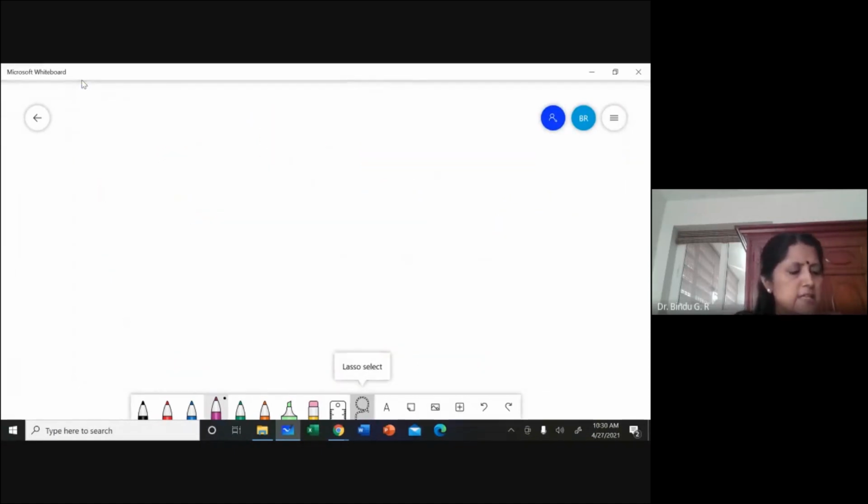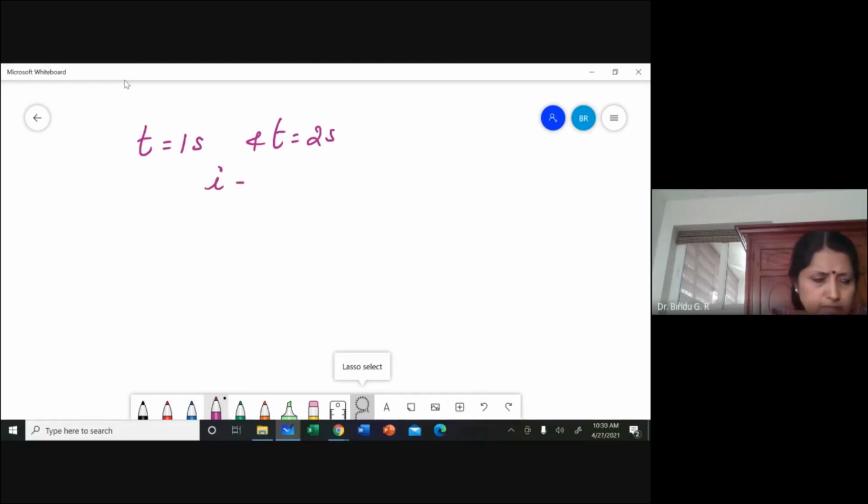Second question: determine the total charge entering a terminal between t equal to 1 second and t equal to 2 seconds, if the current passing through the terminal is I equal to 3t squared minus t amperes.